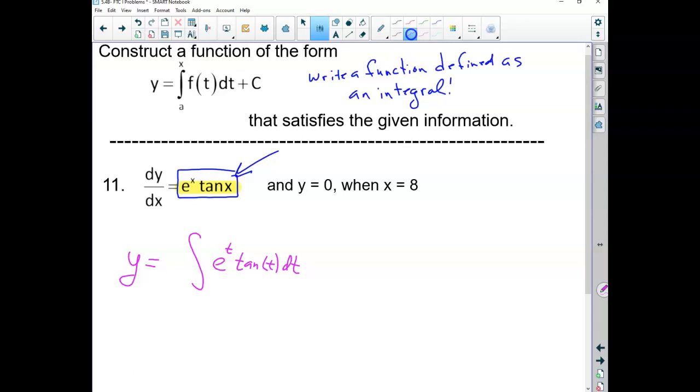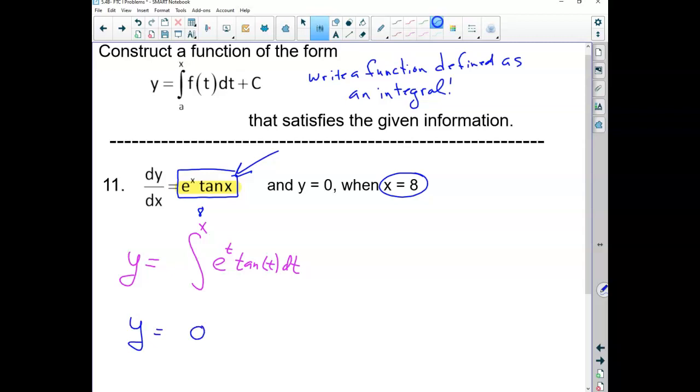The only thing I need to know is that my upper limit's always going to be an x, by the way, and it's the bottom one that I really need to know. When I plug in a particular x, if I plug 8 in for x, I need y to equal 0.